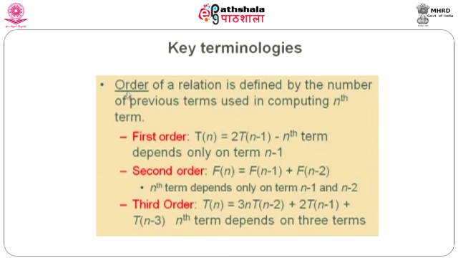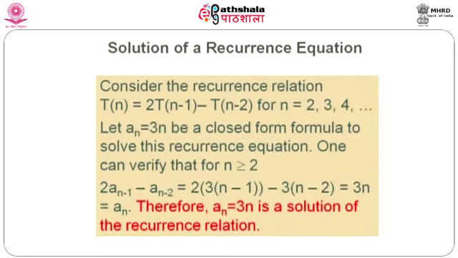Fine. What exactly do we mean by the solution of a recurrence equation? The recurrence equation has lots of recursive terms, and we have to find a closed form formula. The closed form formula that does not have any recursion is what we call the solution. For example, for this recurrence equation, I can say that 3^n is the solution.